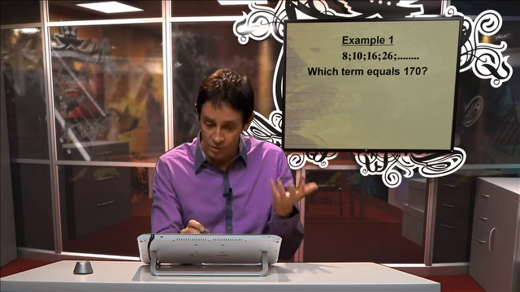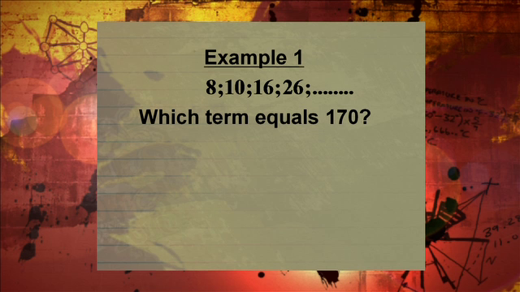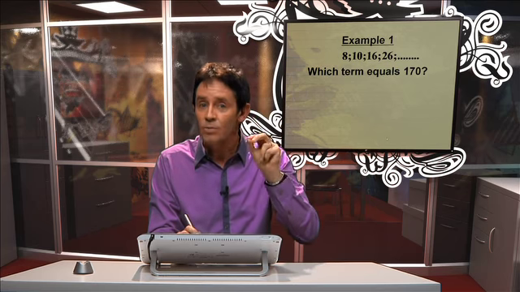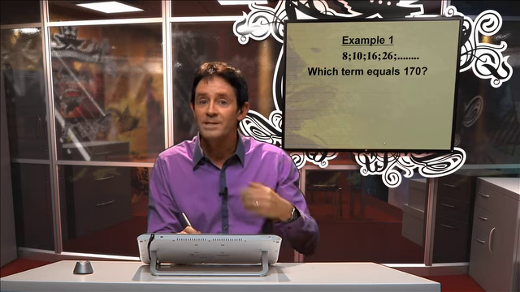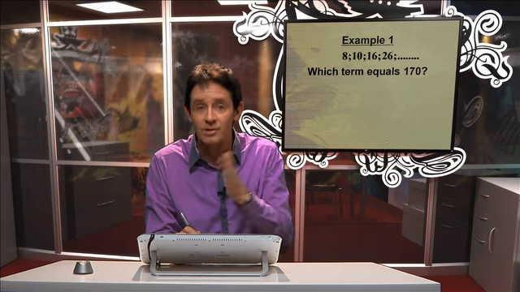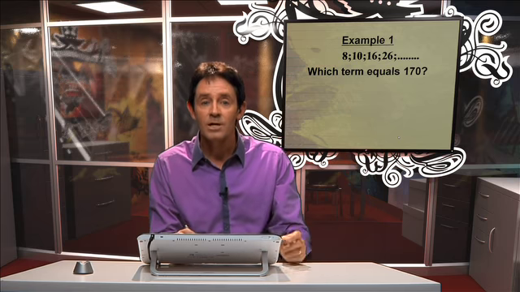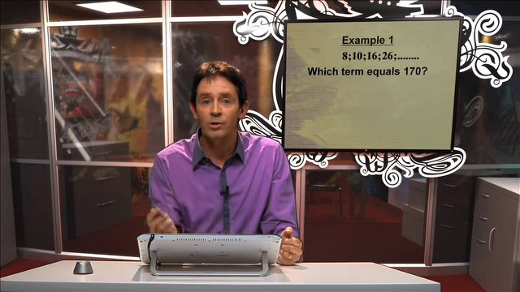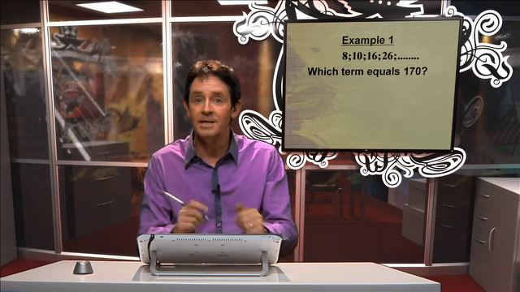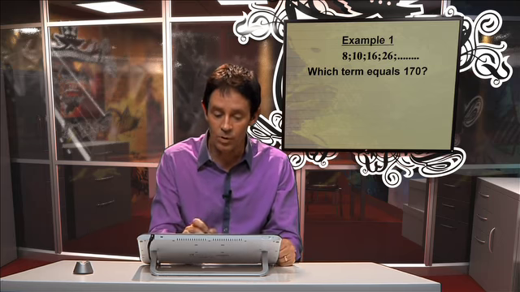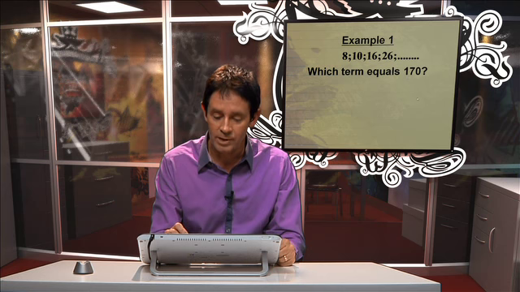T1 is 8, T2 is 10, T3 is 16. So what do we know? The n gives you the position of that term in the row. Now the thing is, we're given the term, but we don't know its position. We don't know what 170's position is in the sequence. So which term equals that?